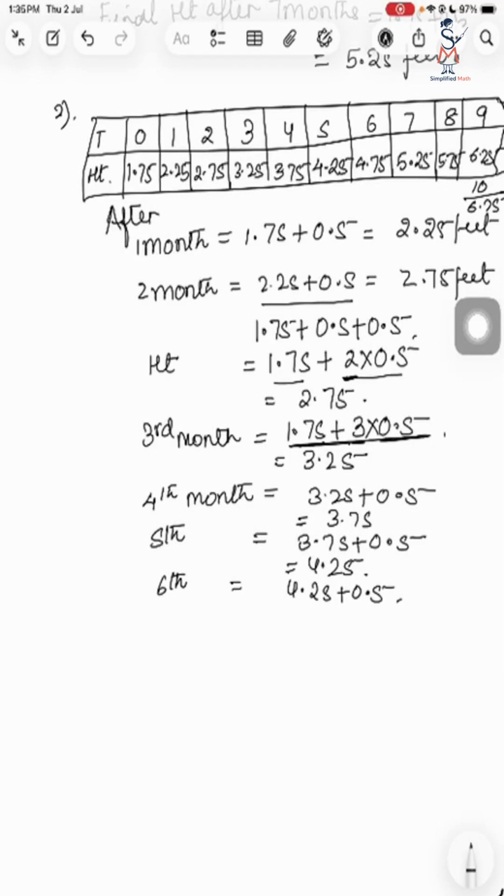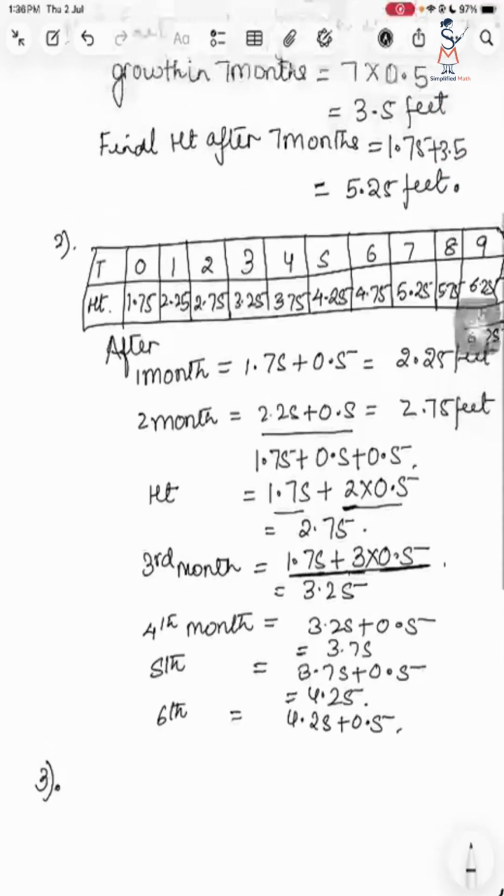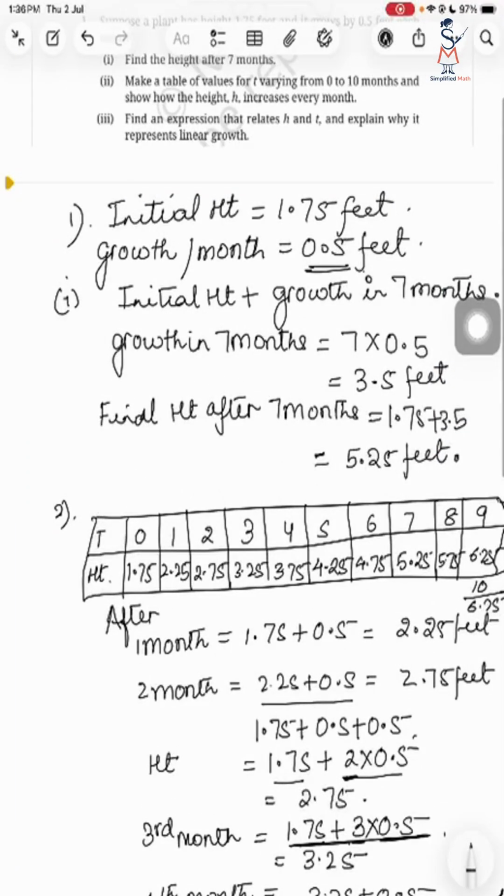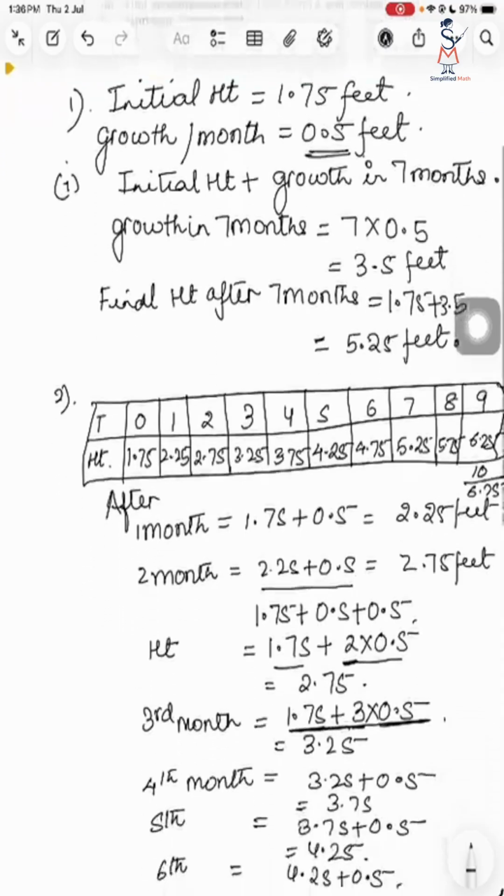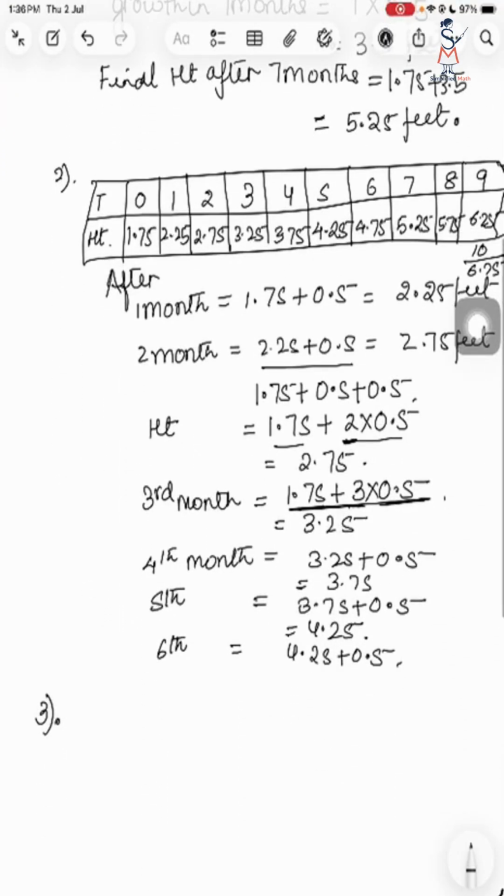So we have got the table. The third one is saying find an expression that relates h and t. You have to frame a relationship between h and t and explain why it represents linear growth. So the relationship we have established here only. Height is h.